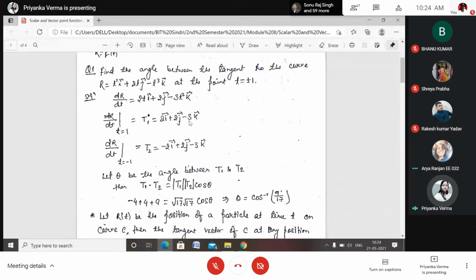And then minus 3 times minus 3, k dot k is 1, so 9. So this is 9. Now the magnitude of T1 is the square root of 2 square plus 2 square plus 3 square, that means 4 plus 4 plus 9, 17. And the same for T2, so it is 17 cos theta. So here we get theta equal to cos inverse 9 by 17. Clear?